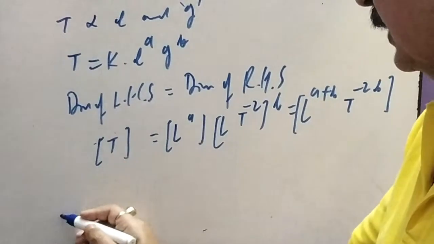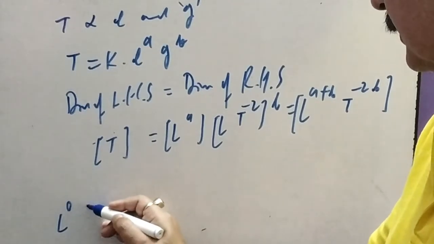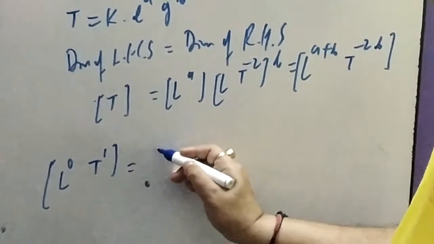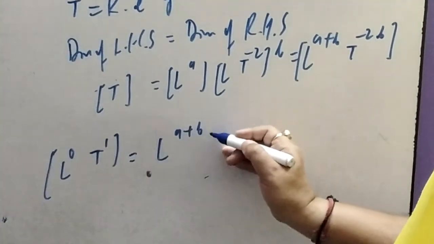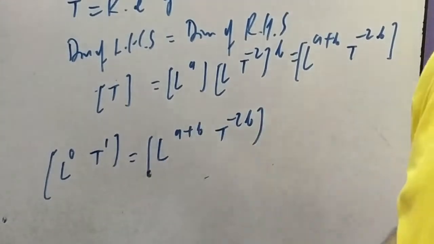There is no L on the left, so we write L to the power 0 and T1 equal to L to the power A plus B, T to the power minus 2B. Clear?